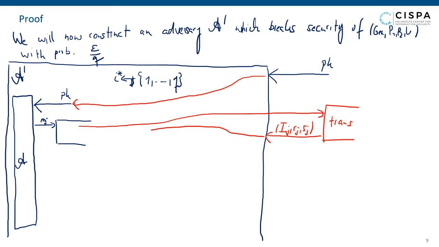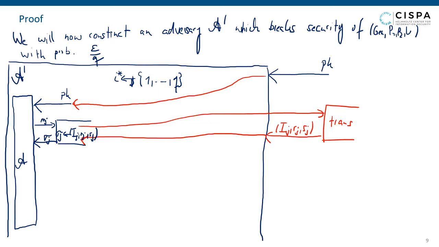We set our signature sigma j to be IJ, RJ, and SJ, and we give the adversary A this sigma j.